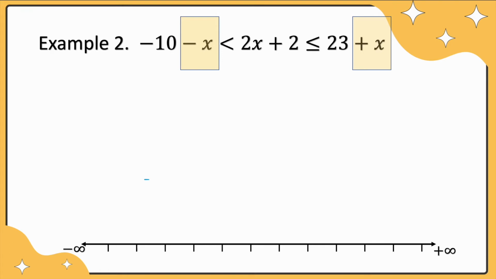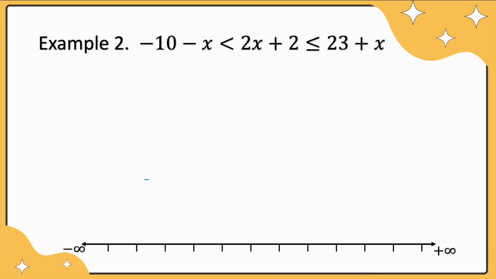There is positive x on the left and negative x on the right side. So if we try to eliminate x on the right side by subtracting x, the left side is going to have negative 2x. So there is no way to add or subtract x to eliminate the term from both the sides. So in this case, we're going to take a different approach.